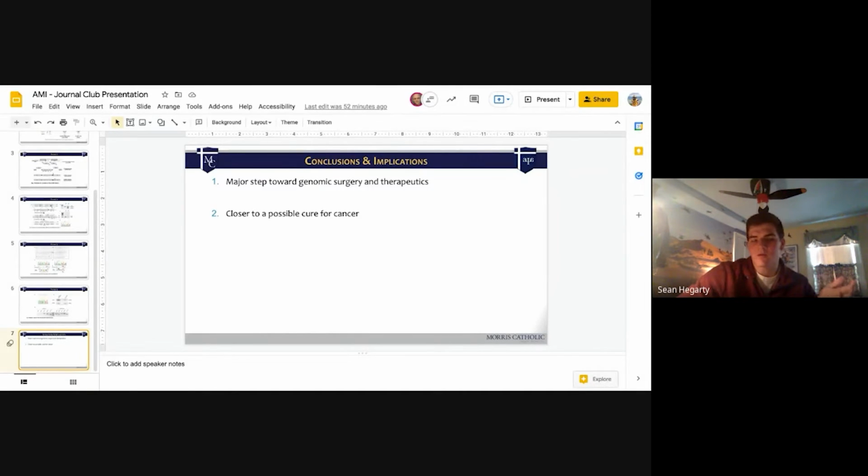That's very important, because if you are able to get into cancer cells and edit certain cancerous genes that are specific to those cancer cells, you could potentially cause apoptosis and terminate all those cancer cells, basically curing the cancer.